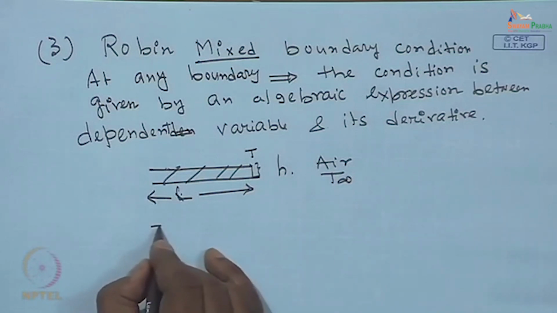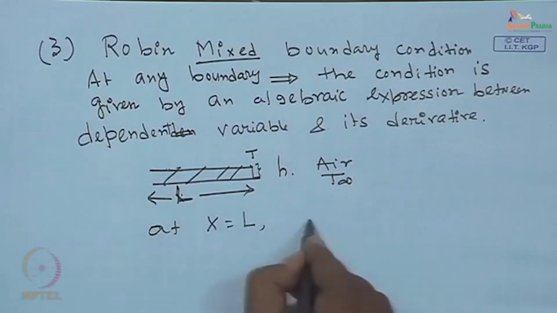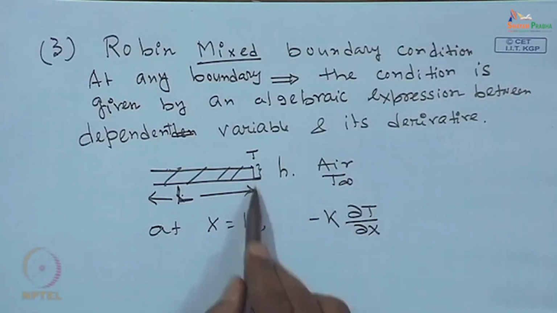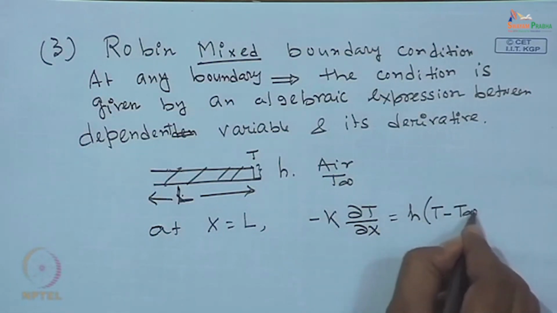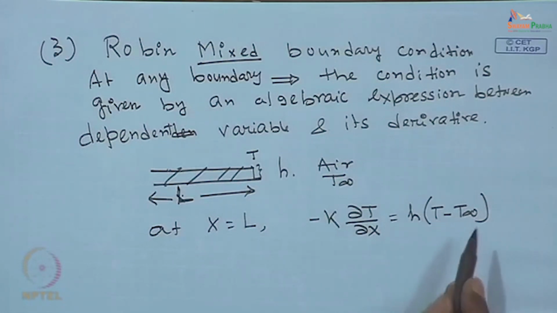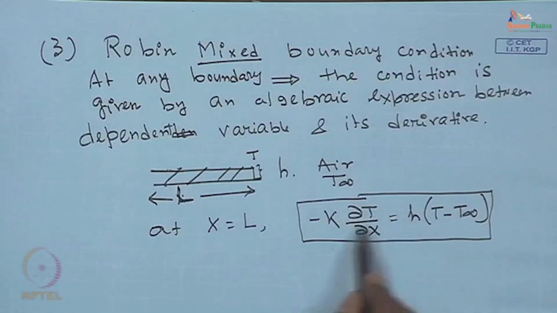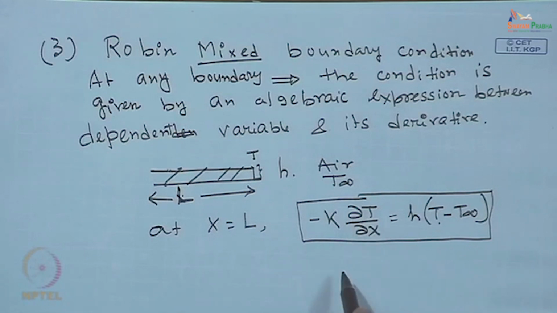So, minus k del T del x at x is equal to L, that is the heat that has appeared at this boundary by conduction, should be taken away by convection of ambient air, that is h into T minus T infinity, h is the heat transfer coefficient. Therefore, this boundary condition is a mixture of dependent variable T and its derivative del T del x, and it is given by an algebraic equation. So, this is an example of a Robin mixed boundary condition.